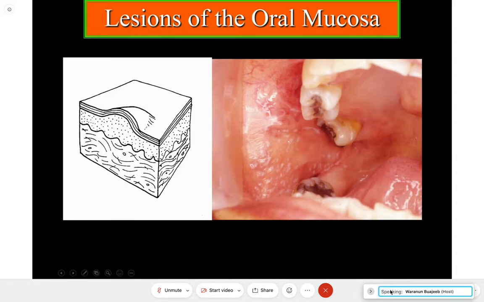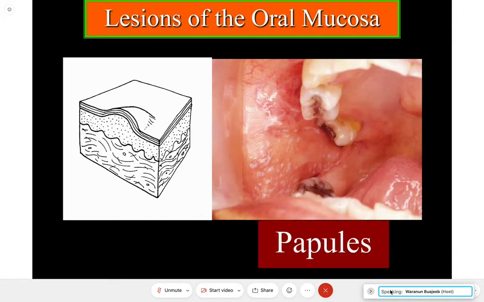The diameter is less than 1 centimeter. With this, no fluid content. This type we will call papule. So you don't need to describe it at length. We just say white papules at the right buccal mucosa. So with terms like macules or papules, it's easier for our clinicians to describe lesions, and we can understand each other very quickly.